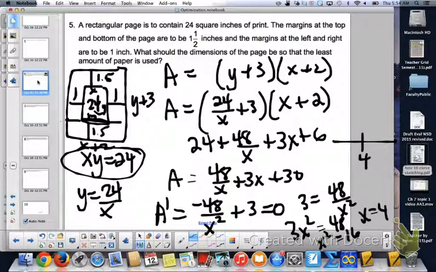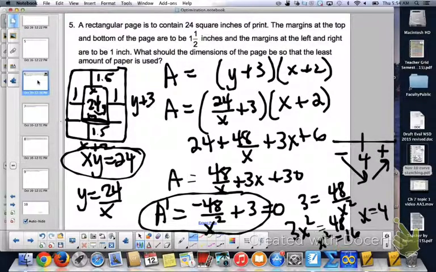So now we're plugging into our derivative right here. If we plug in 3, that's 9, so that's negative 3 point something plus 3, so that's negative. And if we plug in 5, that ends up being positive. Decreasing to increasing gives us a minimum.